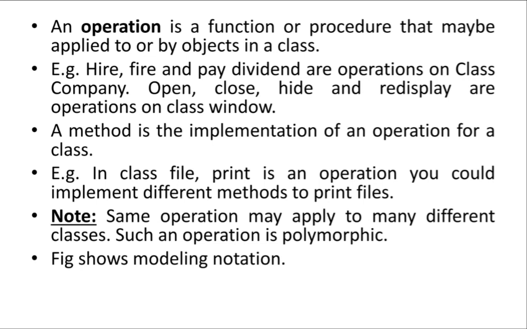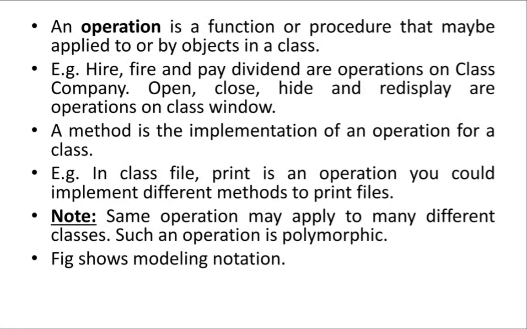And one more thing, the same operation may apply to different classes, such that the operation is polymorphic. That means, assume that in carom and in chess, the move operation in carom and the move operation in chess act differently, because in carom you will strike the pawn, and there the pawn will move in a different way.